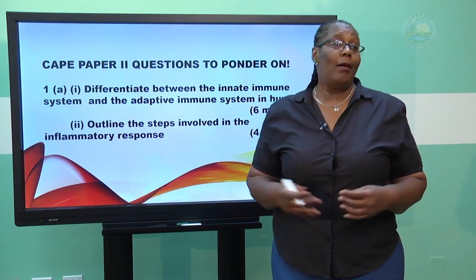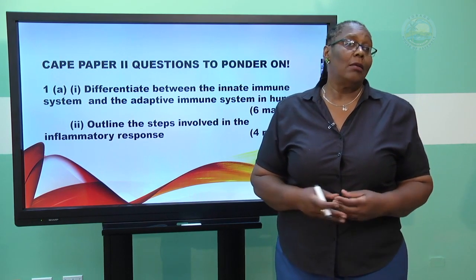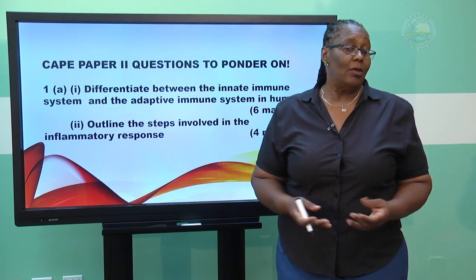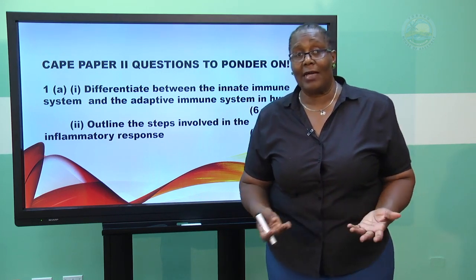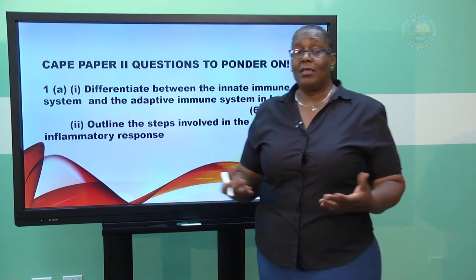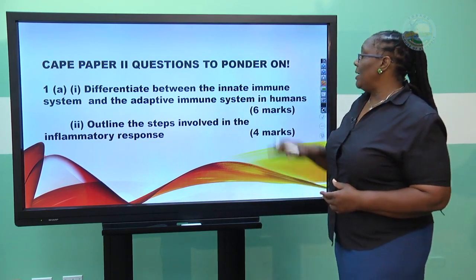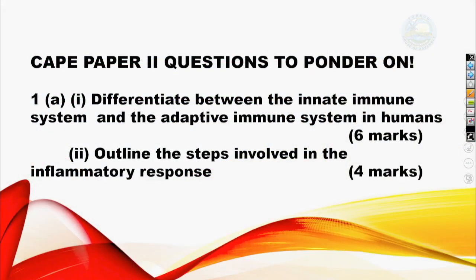Example: hair, cilia, skin, chemicals in your mucus, the hydrochloric acid in your stomach, tears, saliva, while the adaptive immune system would be those things that are developed as the pathogen comes into your body. So you're looking at the B and T lymphocytes, and these eventually will allow your body to adapt to, or respond to, an infection.